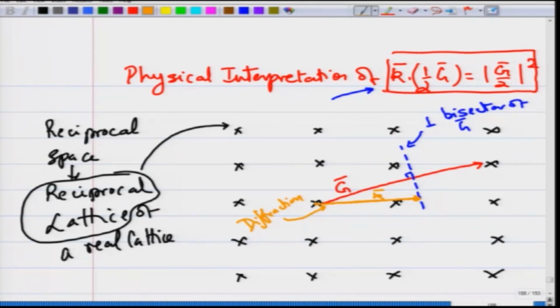So, all the wave vectors which terminate on this line, which is the perpendicular bisector of G, all these wave vectors will satisfy the diffraction condition.